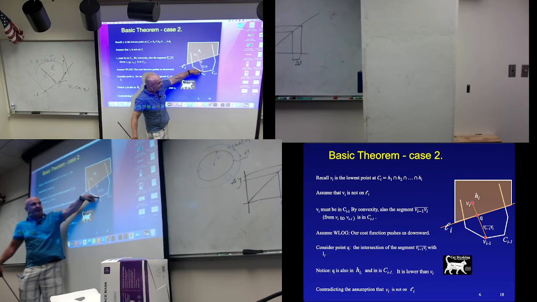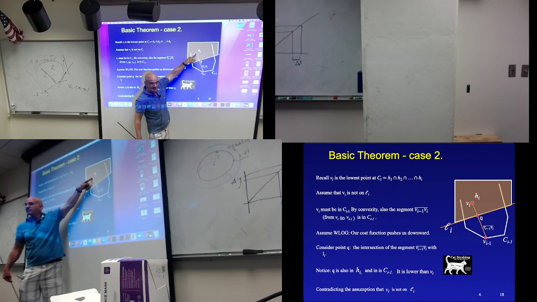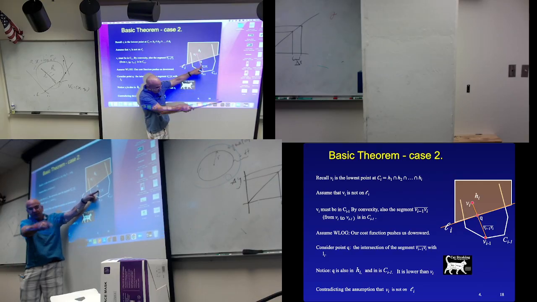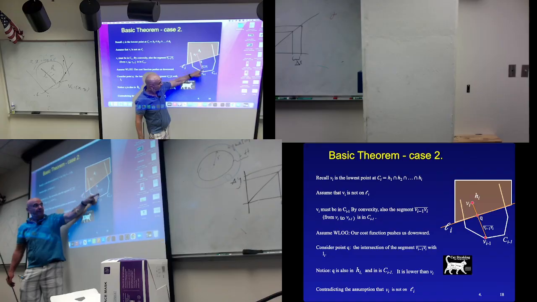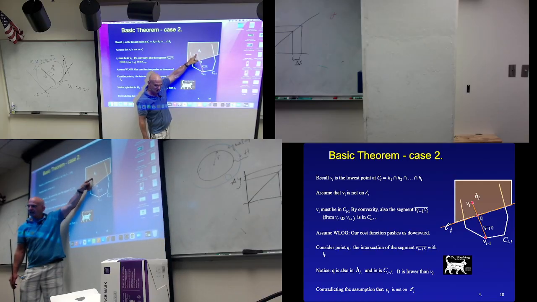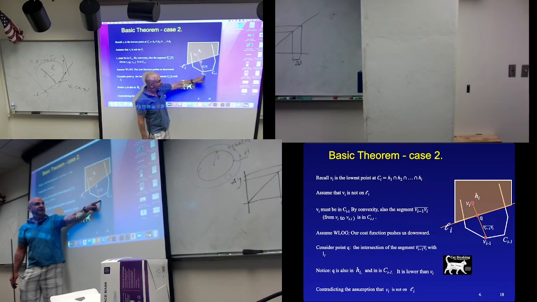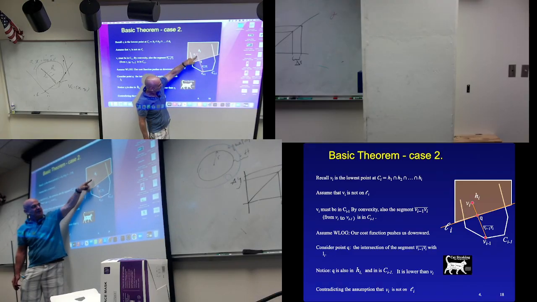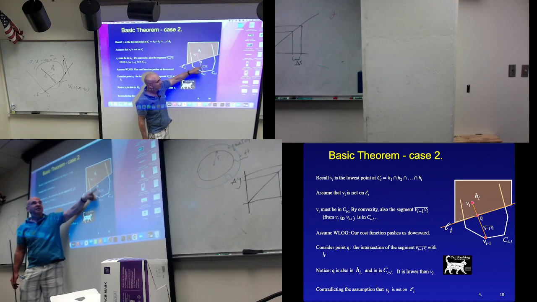So Vi minus 1 is better than Vi. My cost function is linear, implying that as I'm moving along this segment, my cost function keeps changing in the same direction, becoming better and better. Because the cost value at Vi minus 1 is better for me than the cost value at Vi, and the change between them is linear, this point is in Hi, this point is not in Hi.